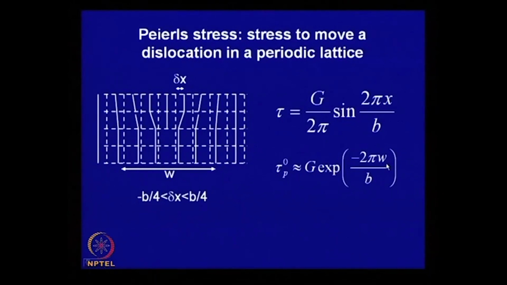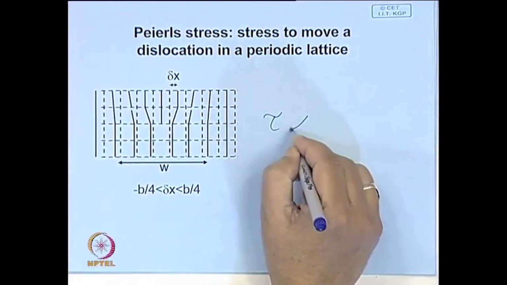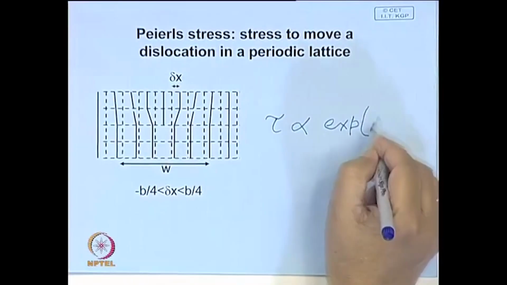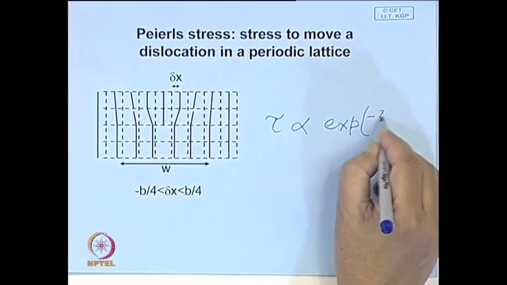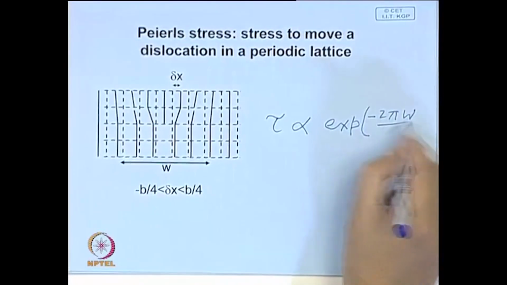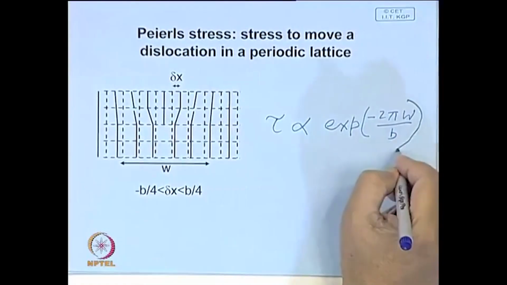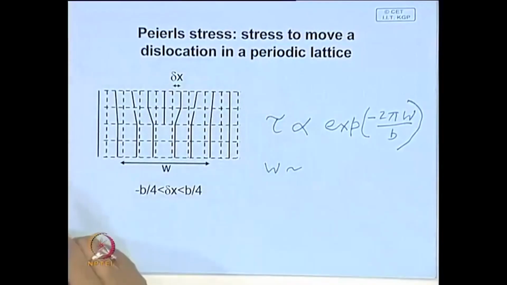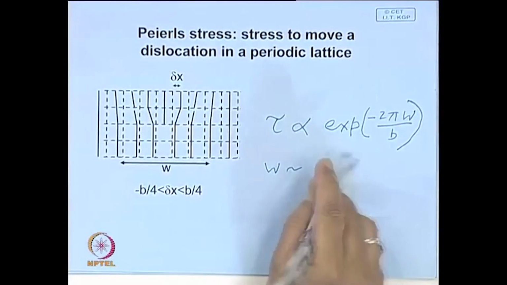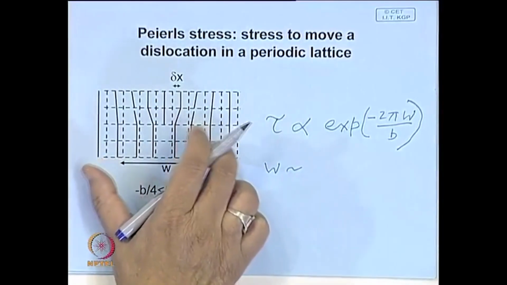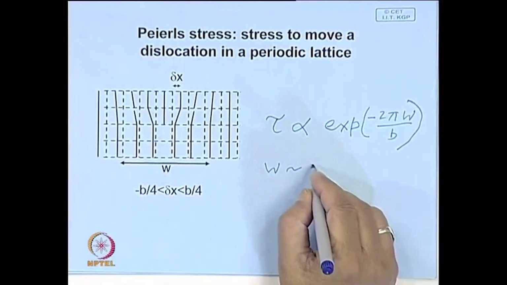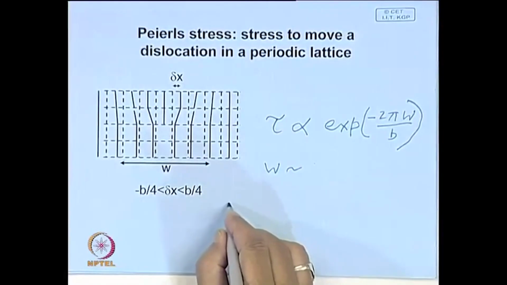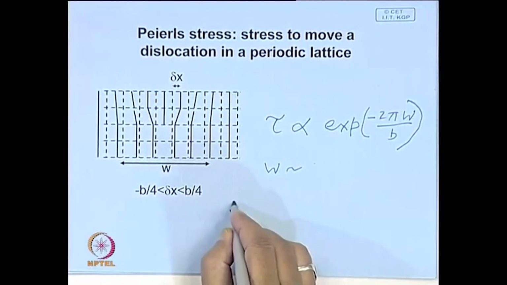So, basically this Peierls stress is proportional to the exponential of the width of the dislocation over the Burgers vector. Now, in metallic crystals this width extends over several atomic distances, maybe 10; say the dislocation core itself we sometimes take as 5b.